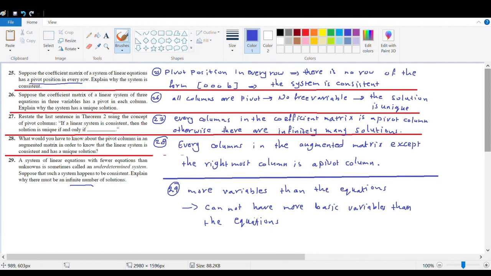That means there must be at least one free variable. That's why we have an infinite number of solutions.